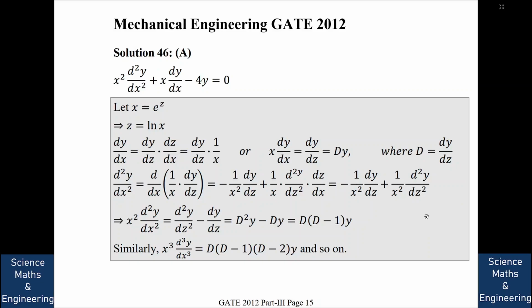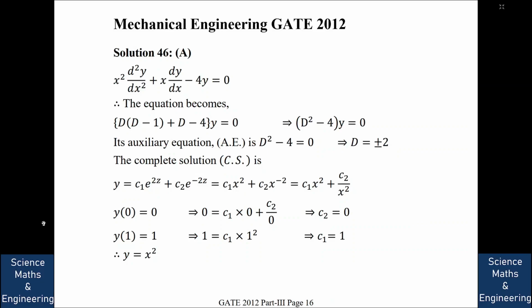So if we transform it, we get D into D minus 1 plus D minus 4, into y, is equal to 0. So from here we get D square minus 4 into y equal to 0. So the auxiliary equation becomes D square minus 4 equal to 0, which implies D is equal to plus minus 2. Now the complete solution is y equal to c1 e to the power 2z plus c2 e to the power minus 2z.